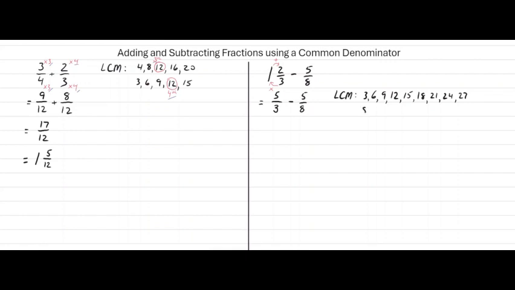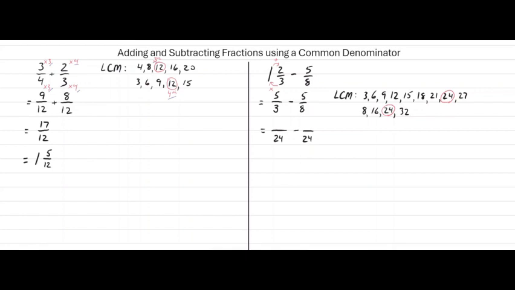Similarly, let's do the 8: 8, 16, 24, 32. Again, I look at both rows and I see that 24 is in both. So that means we're going to change our fractions. We're going to make the denominators 24.